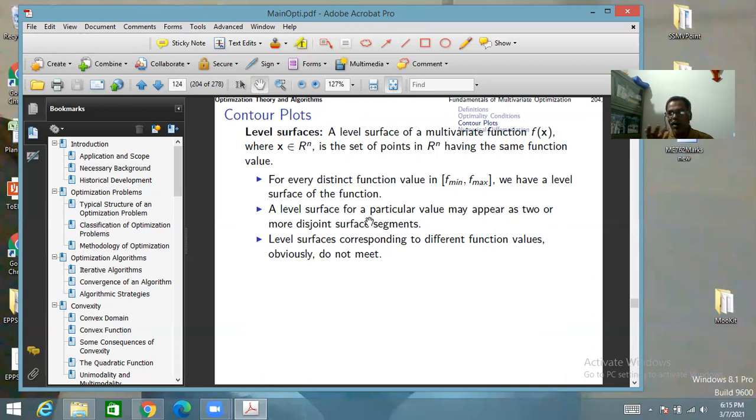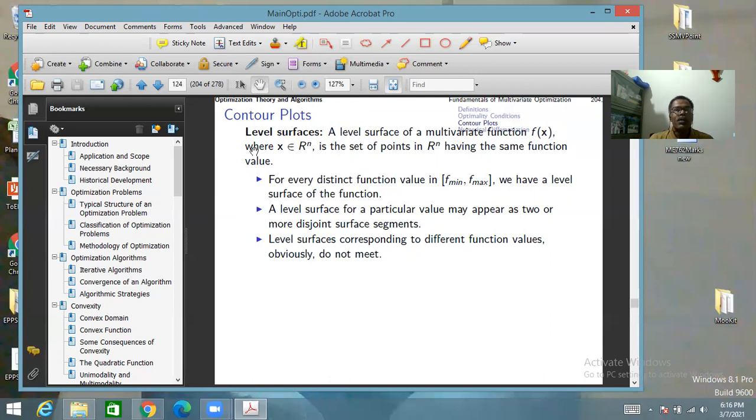Important and obvious actually, because if two of them touch or make a contact, intersect, then at that point you will not know whether the function has this value or that value. Okay, so that's not possible. The way streamlines don't meet, electric lines of force don't meet, like that level surfaces don't meet.